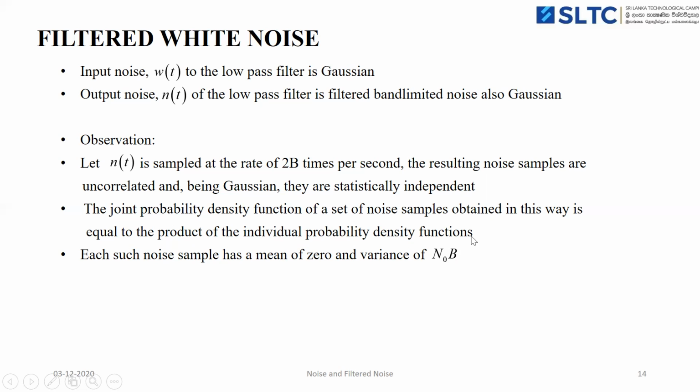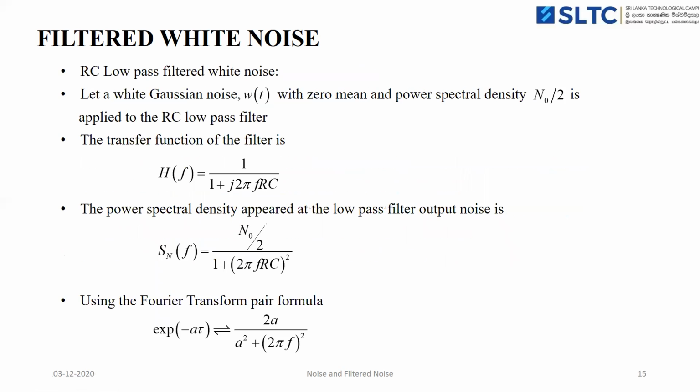The filtered white noise satisfies two conditions: it is uncorrelated and statistically independent. And each sample has zero mean and a variance of N0 into B, where B is the bandwidth.